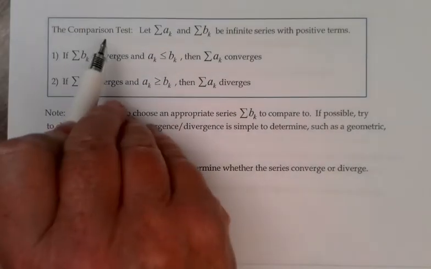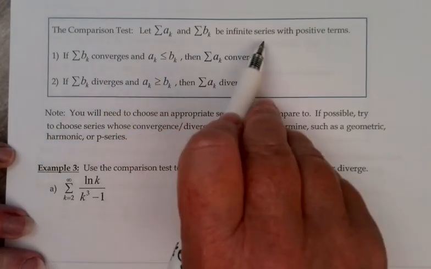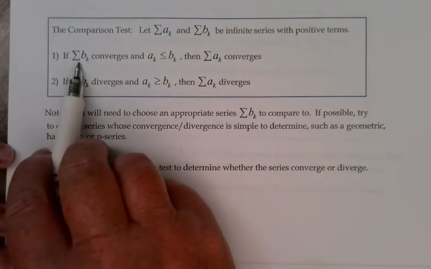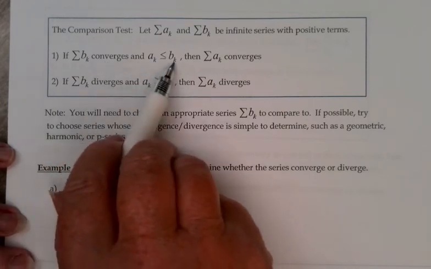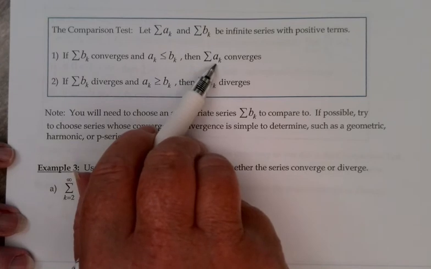Here's the statement. Let a sub k and b sub k series be infinite series with positive terms. If b sub k converges, and the a sub k's are less than the b sub k's, then the a sub k series also converges.